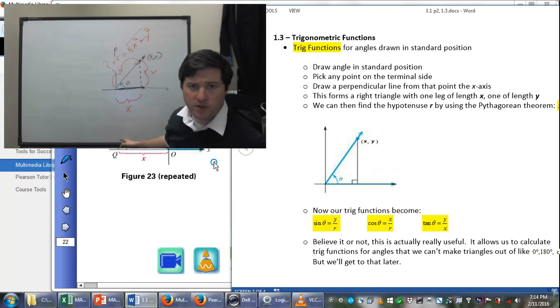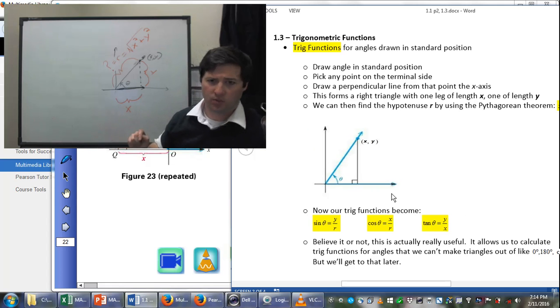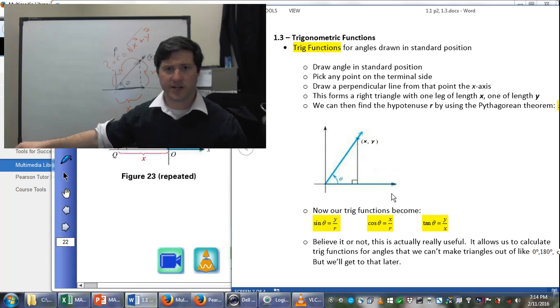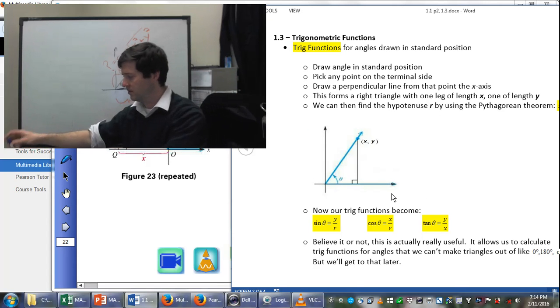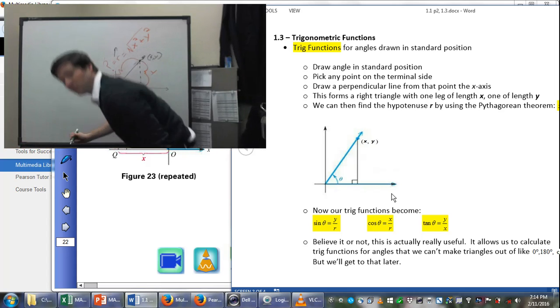We're going to call it R. And we've got a nice simple formula for it. It's the square root of x squared plus y squared. So that's just the Pythagorean theorem. We've solved it for the hypotenuse there, and that allows us to come up with this little formula.